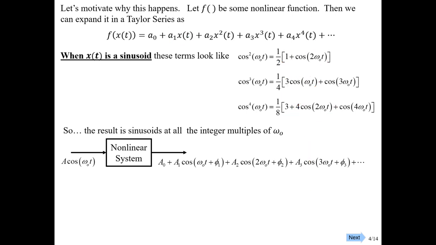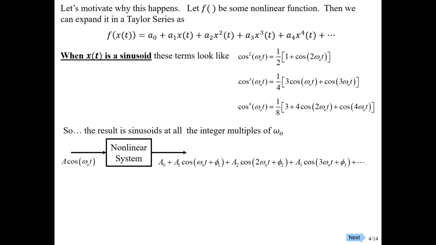So those all get combined together with the quarters and eighths and halves together with the A2 to create some coefficient, big A2, that multiplies the double frequency. And there's going to be some phase, because if you start adding sinusoids together, you can potentially get some phase shifts as well. And then we'll have all the 3s and all the 4s and so on.